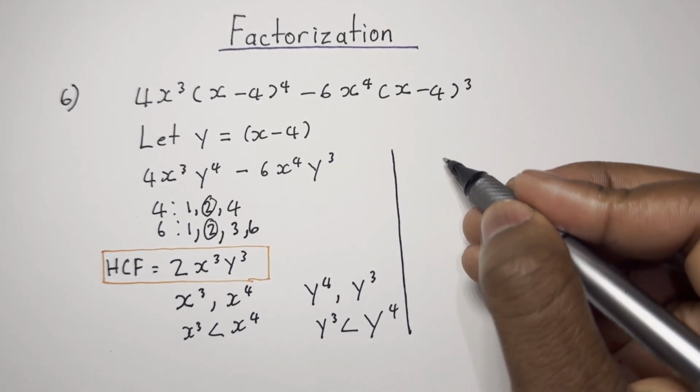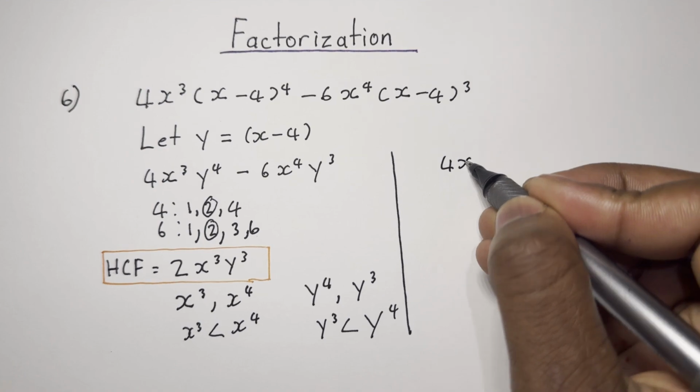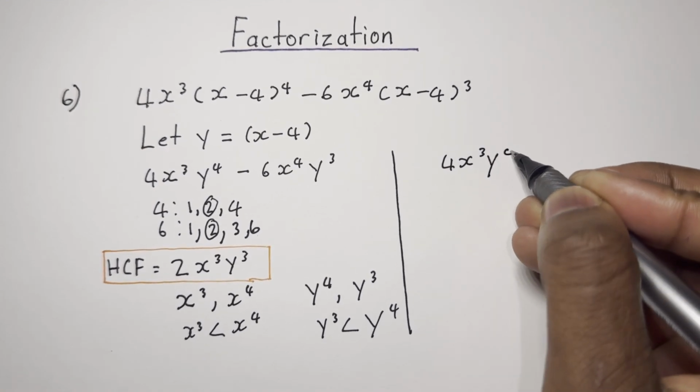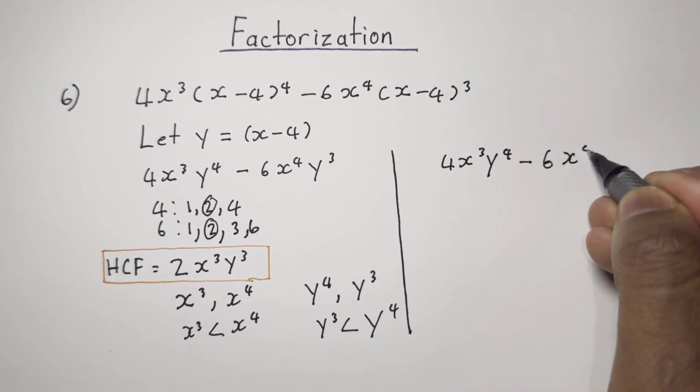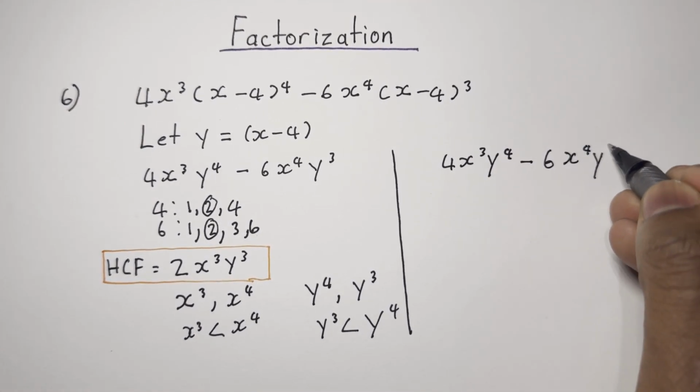So we have 4x cubed y raised to the fourth power minus 6x raised to the fourth power y cubed.